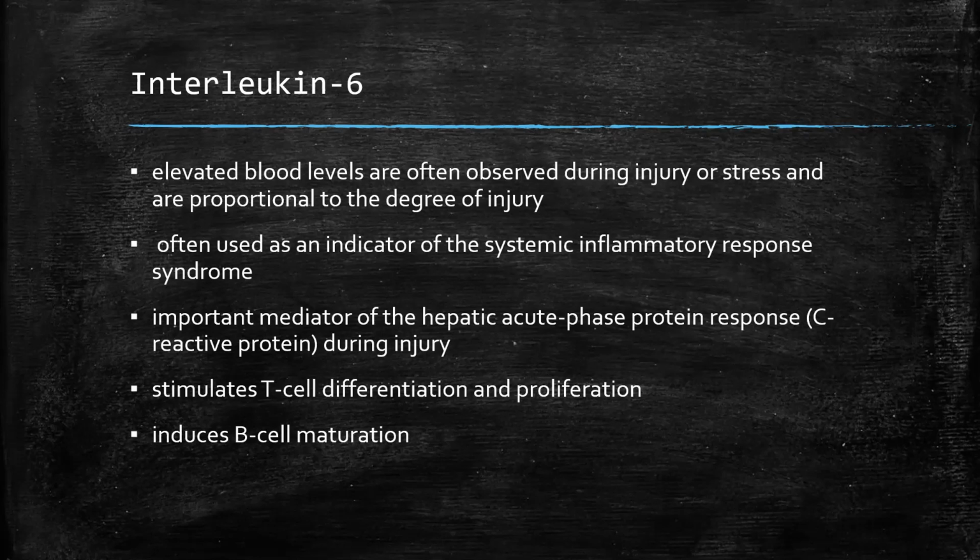Interleukin-6 seems to be important in causing the liver to produce a bunch of so-called acute phase reactants. C-reactive protein may be the most well-known of those. And again, this can be measured and is often used as a marker of inflammation.